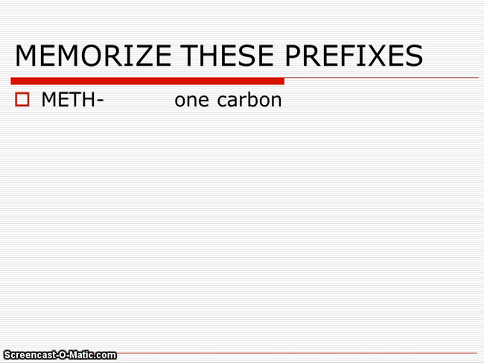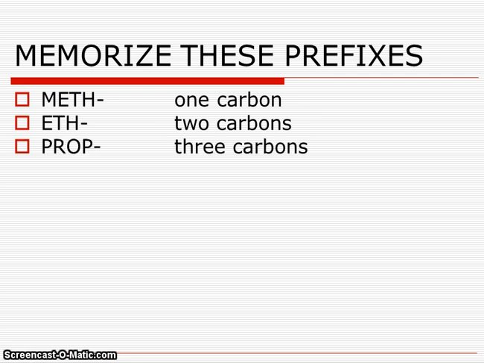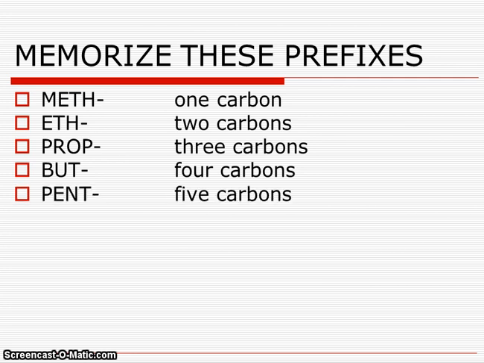We're going to go through a series of prefixes that we're going to use throughout the chapter. Our first prefix is meth, and that prefix indicates that we have 1 carbon atom. Eth refers to 2 carbon atoms. Prop is 3 carbon atoms. But is the prefix for 4 carbon atoms. Pent is 5.